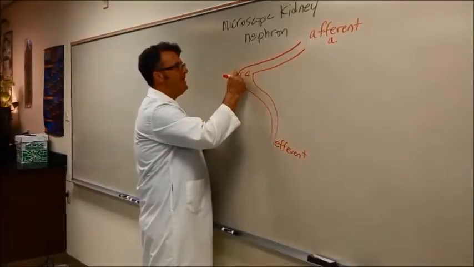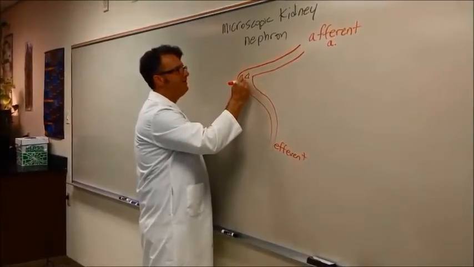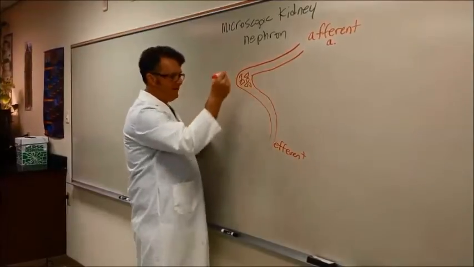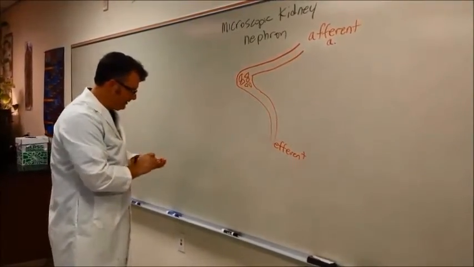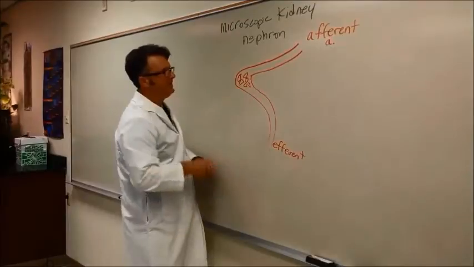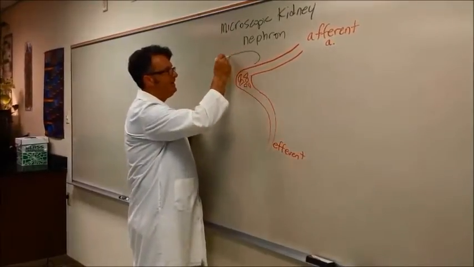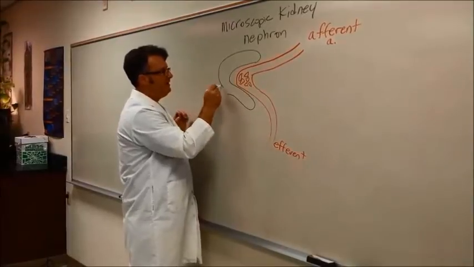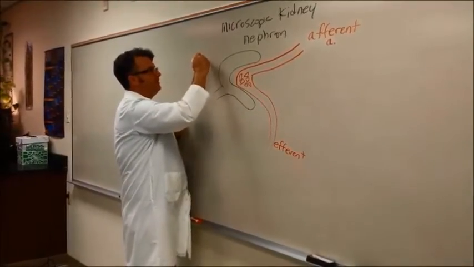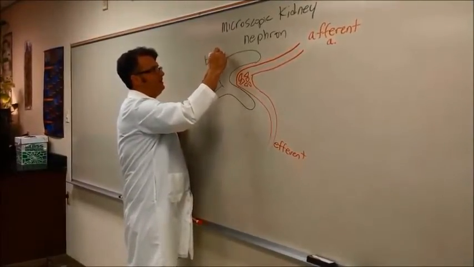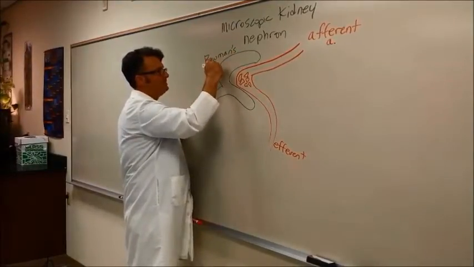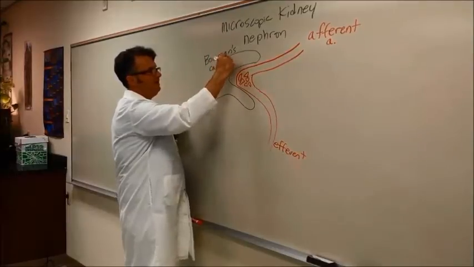This little net-like area here is called the glomerulus. And then there is a capsule across which some of the constituents of the blood can filter across. And so this is called the Bowman's capsule, or the glomerular capsule. Let's say Bowman's. I've learned that all of my life.